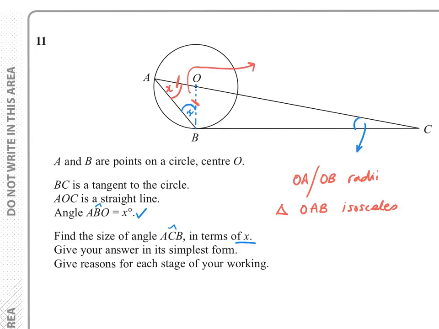Well, the angles in a triangle add up to 180, which you'll have to state, and therefore this top angle here, AOB, must be 180 minus x, because if we added 180 minus x to these two base angles, which are x plus x, then we're just going to be left with 180.